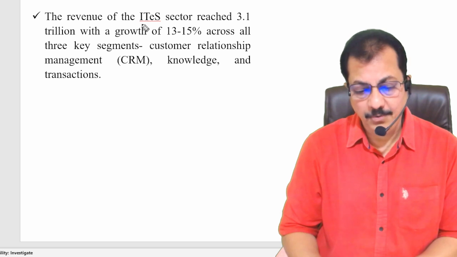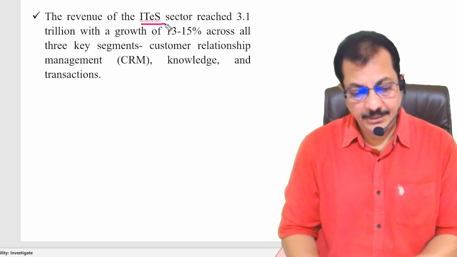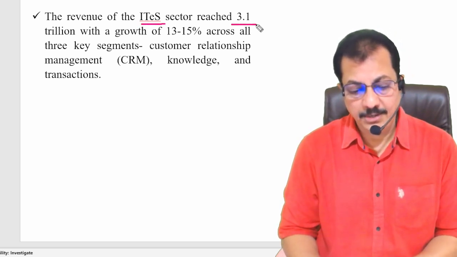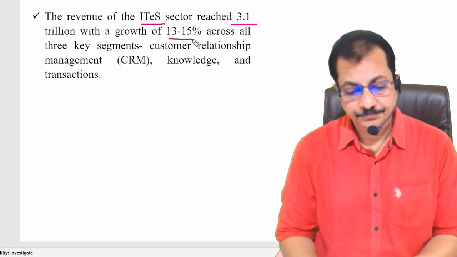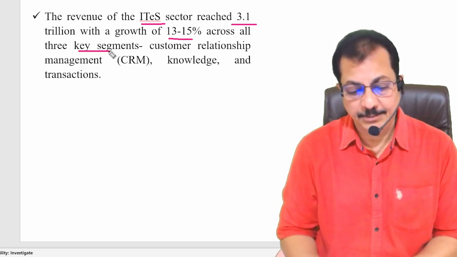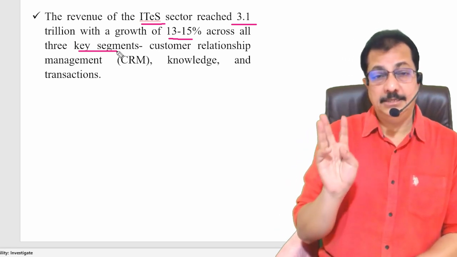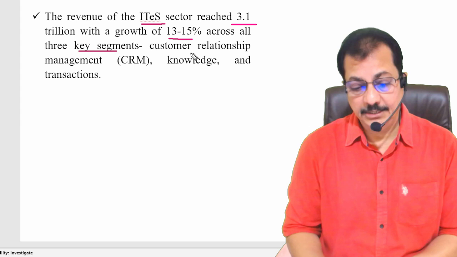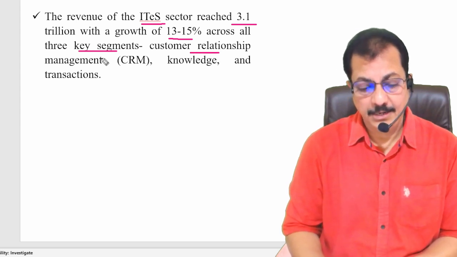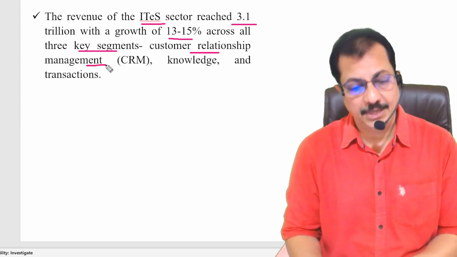The revenue of the ITES sector reached 3.1 trillion with a growth of 13 to 15% across all the 3 key segments. Remember this one. These are the 3 key segments under ITES. One is customer relationship management, that is called CRM.